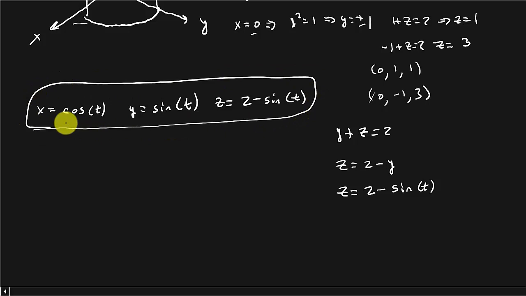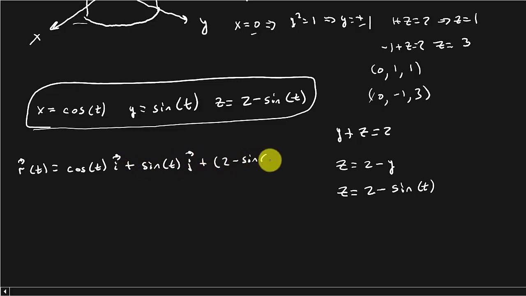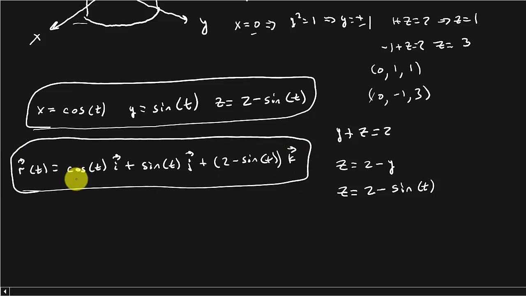So these are our parametric equations. Let's write our vector equation. So we got vector r of t is equal to cosine t i plus sine t j plus 2 minus sine t k. And we are between 0 and 2 pi.